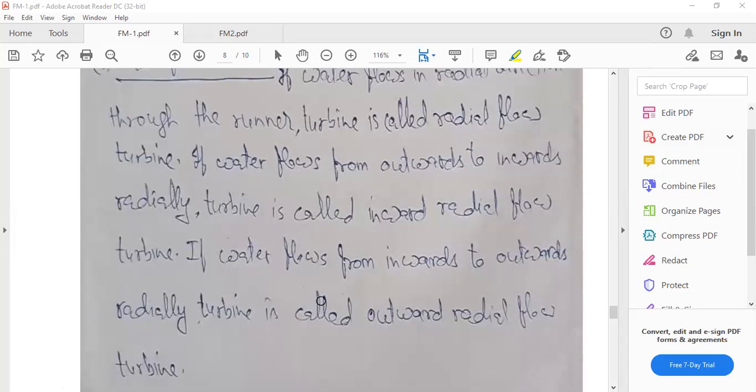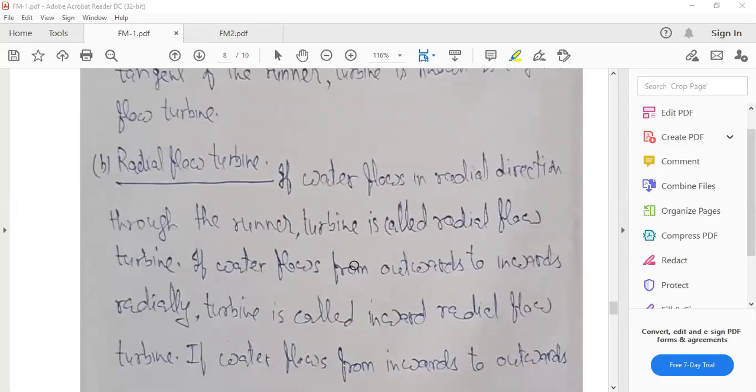Okay, so this is the basic difference between radial flow inward turbine and radial flow outward turbine.